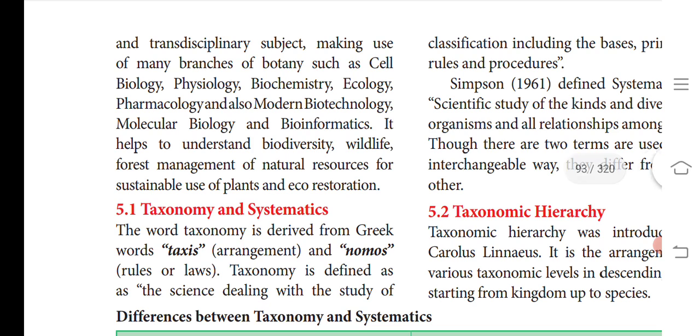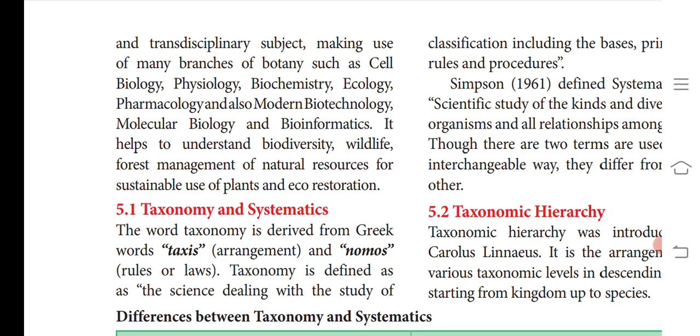Okay, and then transdisciplinary: not exactly taxonomy, but where we will get other information also, about evolution, that is what is called transdisciplinary, and it is also helpful. See, making use of many branches of botany, it is being used by cell biology, physiology, biochemistry, ecology, pharmacology, modern biotechnology, molecular biotechnology and bioinformatics.